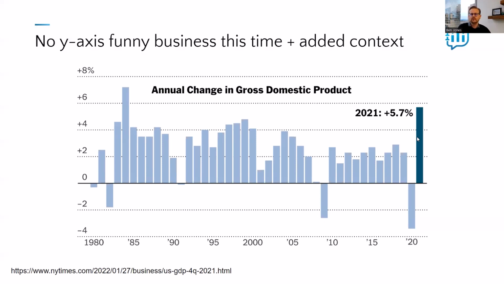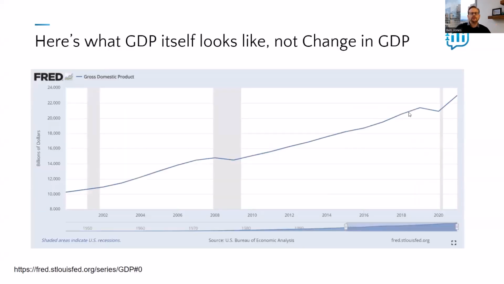Thankfully, really, that this is the way it has gone for us in the world since COVID in 2020. But the point is, when we're looking at change, we should probably also look at the value itself. Here is the same data, not the change in GDP, but rather just GDP itself. And we can see that there's the downtick, there's the uptick.